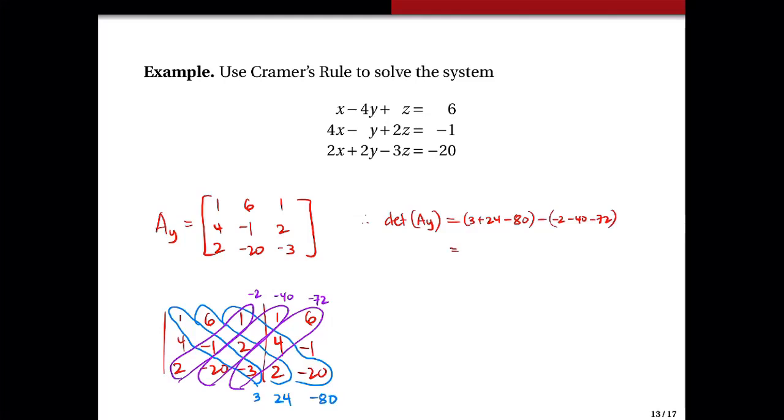So this is equal to what? For this part here, we have 27 minus 80. That's negative 53. And then for the other part, we'll have plus, because these are all negative and you have a negative here, so I'll just add them. 2 plus 40, that's 42, plus 72, that's 114.